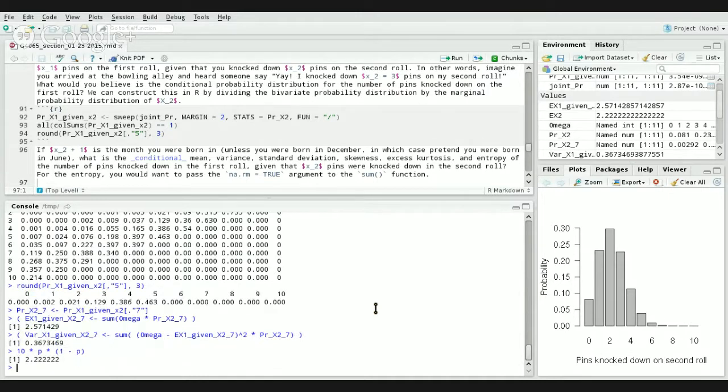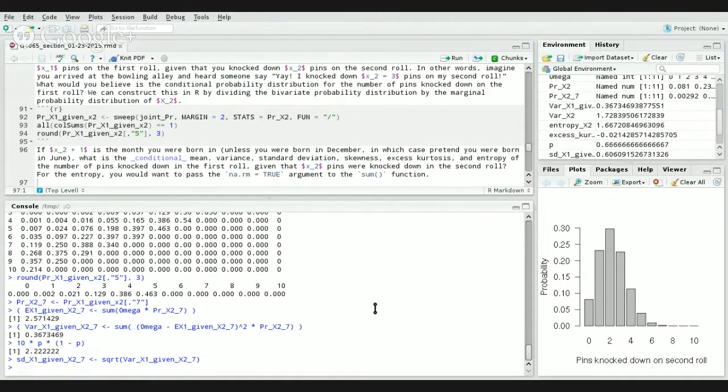That is the marginal variance for the number of pins knocked down on the first roll, in contrast to the conditional variance of the number of pins knocked down on the first roll, given that 7 pins were knocked down on the second roll. We can calculate the standard deviation as the square root of that variance, as always.